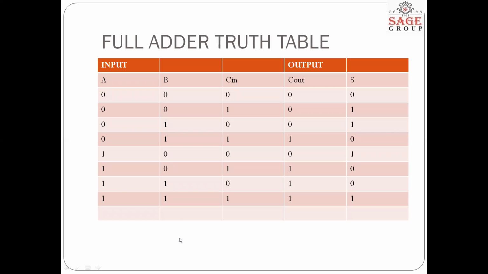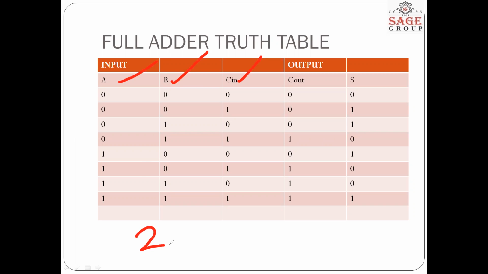This is the truth table of the full adder. Here we take three inputs. In the half adder, we take two inputs, and in the full adder, we take three variables: A, B, and C in. Okay? A, B, and C in.